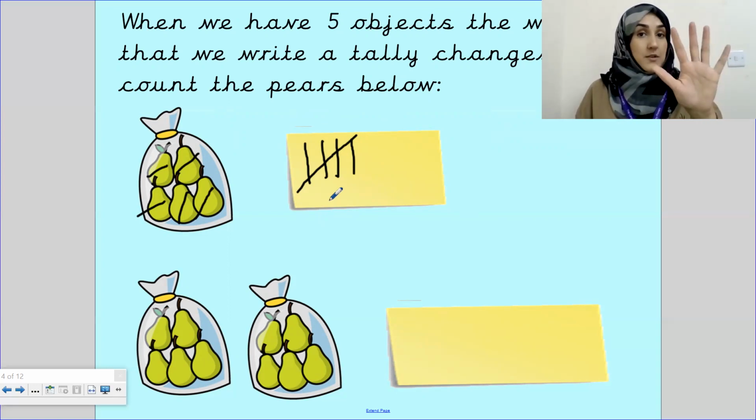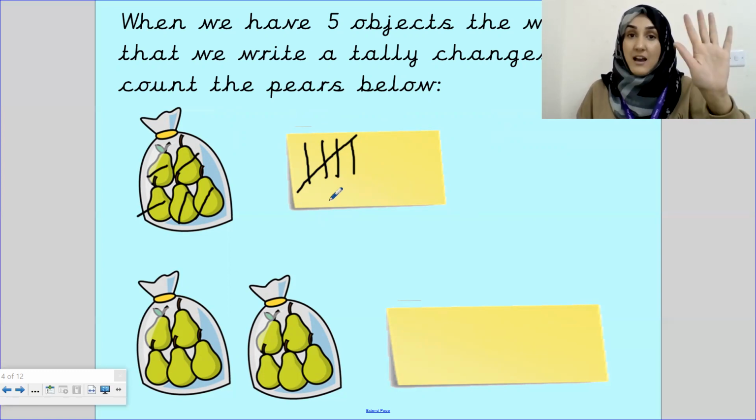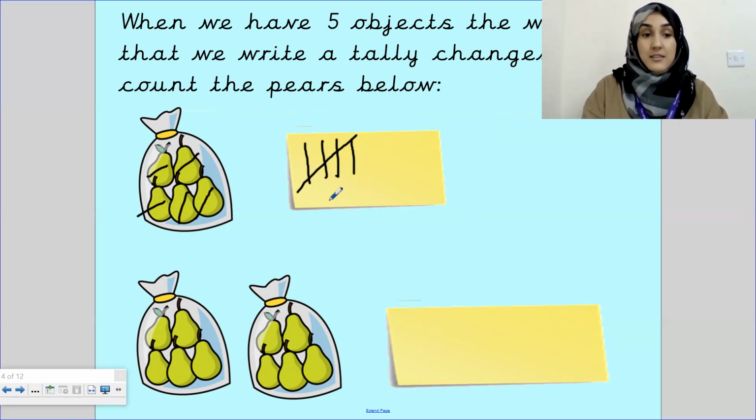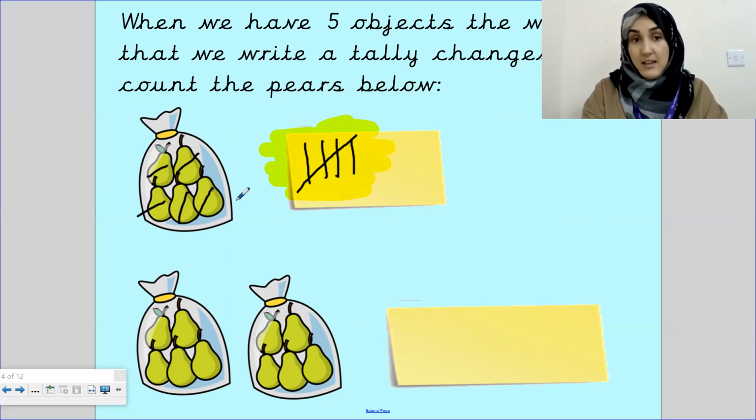Nope, because we know that there are 5 fingers on one hand. So that's automatically 5. That's why we say high 5. Okay, now when you see this tally mark, I'm going to highlight it for you. When you see this tally mark here, this one right here with a line going across, then you know that there are 5 in this tally mark, okay?